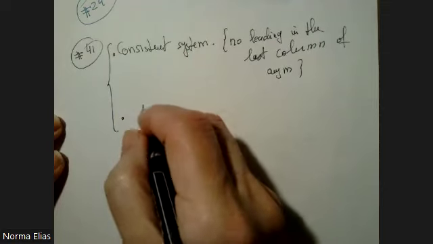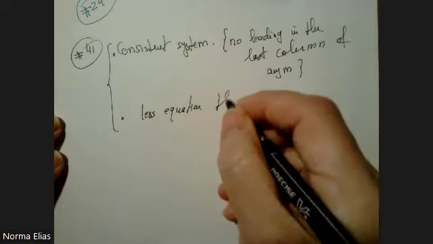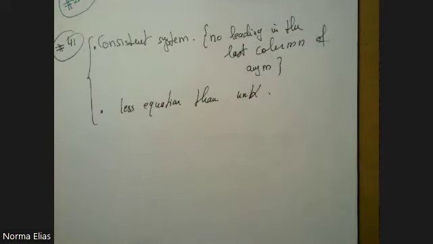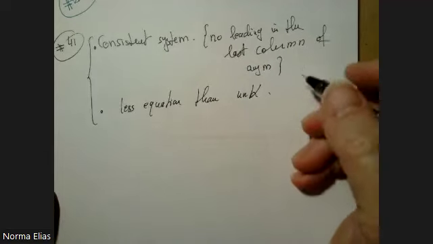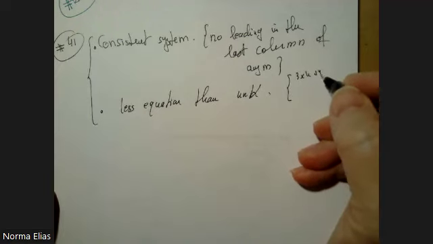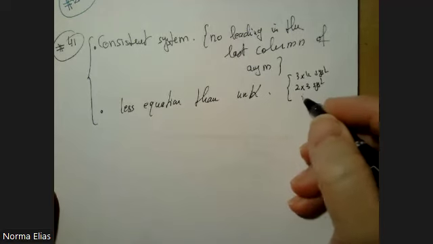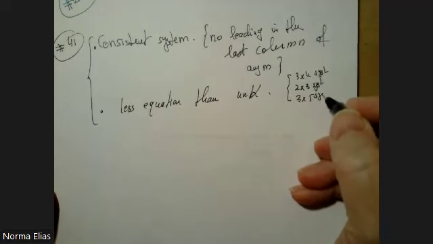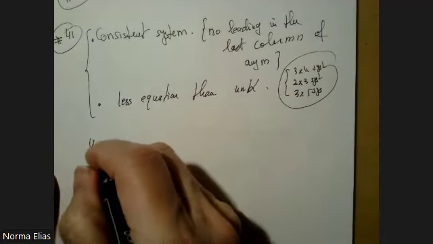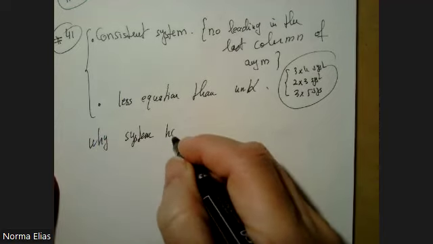It's consistent, with fewer equations than unknowns. That's an idea that will be recurring in class. Think about a 3x4 system, a 2x3 system, a 3x5 system. That's what they are talking about. And the question is why the system has infinitely many solutions.